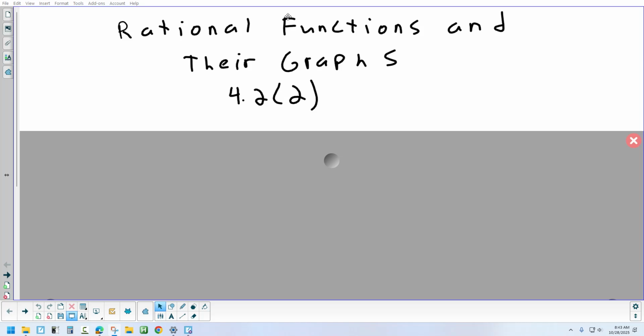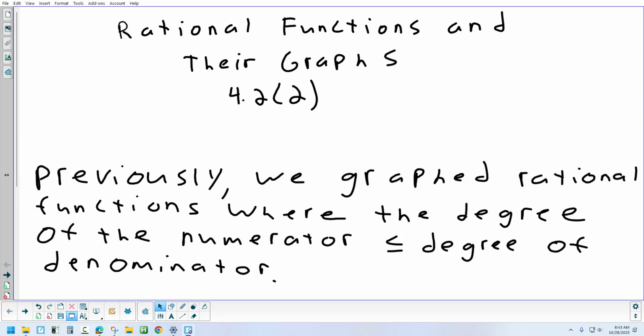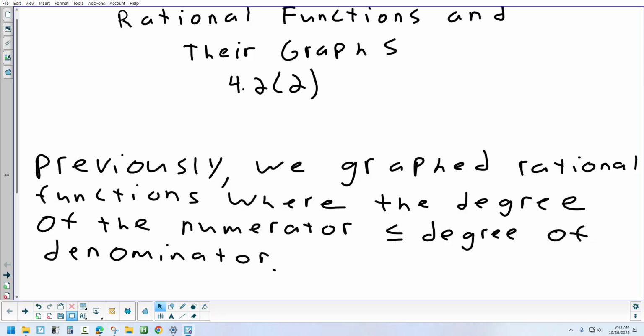All right, so last time we left off in the middle of section 4.2, talking about graphing rational functions. The kind of functions that we looked at before is when the degree in the numerator was either equal to the denominator or smaller. So what that meant is you either had a problem maybe like this.